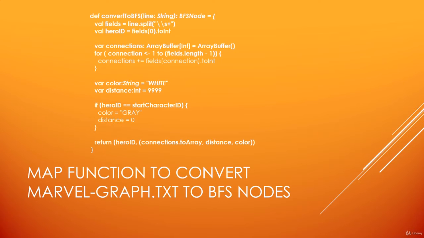So now actually going through that breadth first search algorithm can be thought of as a map and reduce operation. The mapping function will take care of converting those lines into the BFS node format that we just talked about. And that code might look like this.